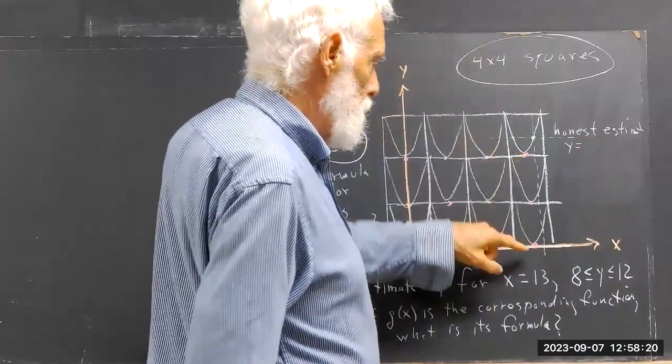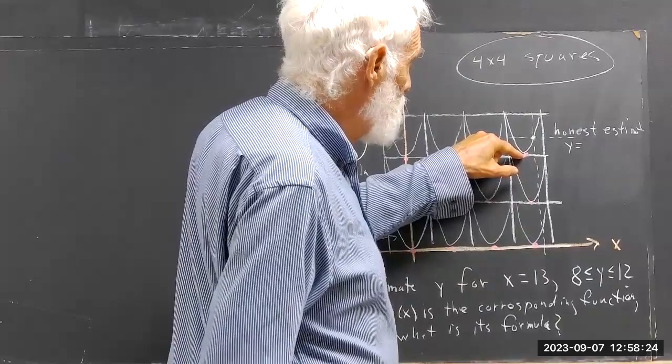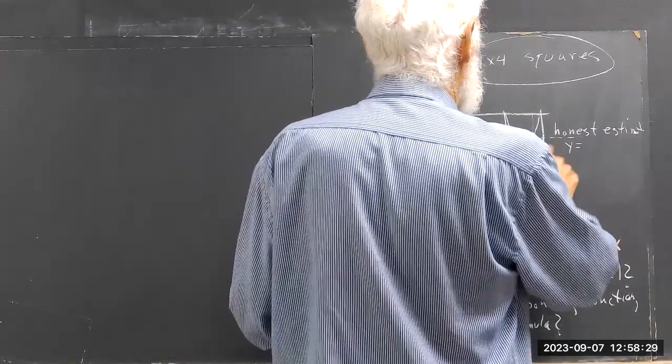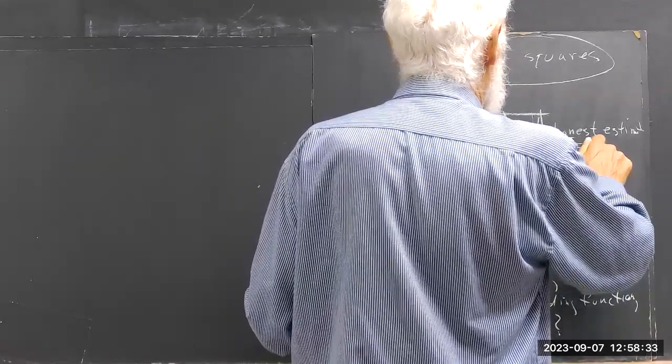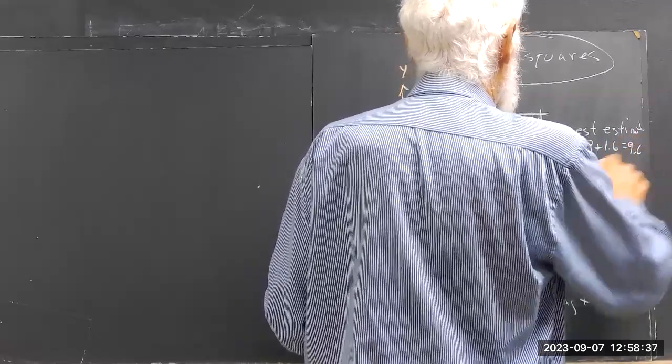Here's 8. Here's 0, 4, 8. And here would be 5. So I say y equals about 1.6. 8 plus 1.6 equals 9.6.